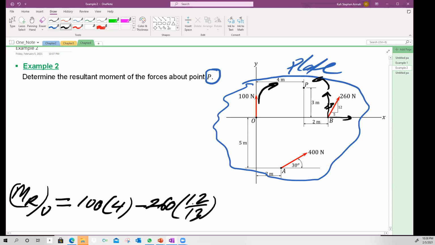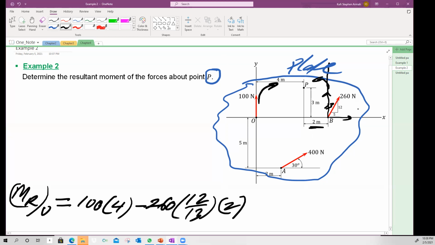260 times 12 over 13. This is the first part; we've not multiplied by the distance yet. This is the line of action, so the distance now is 2 meters. So multiply by 2. Let's come to the next one, the 260 times 5 over 13.